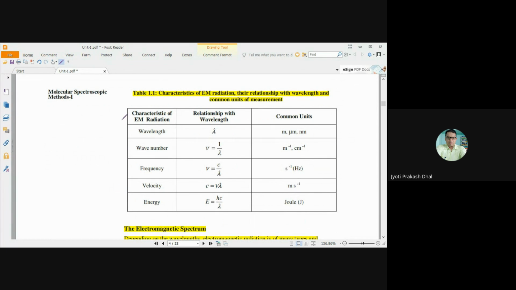So till now we have discussed these characteristics of electromagnetic radiation. In summary, wavelength is denoted as lambda and has common units of distance, that is meter, micrometer, nanometer, angstrom, etc. Wave number, nu bar, is the reciprocal of lambda, so nu bar equals 1 by lambda, with units meter inverse, centimeter inverse, etc. Frequency, nu equals c by lambda, has the unit CPS, cycles per second, or second inverse, or hertz.